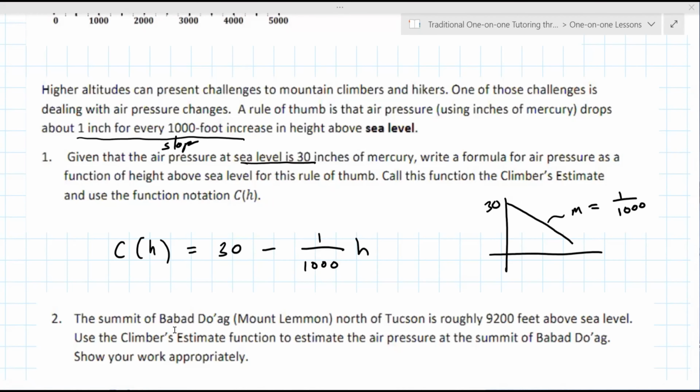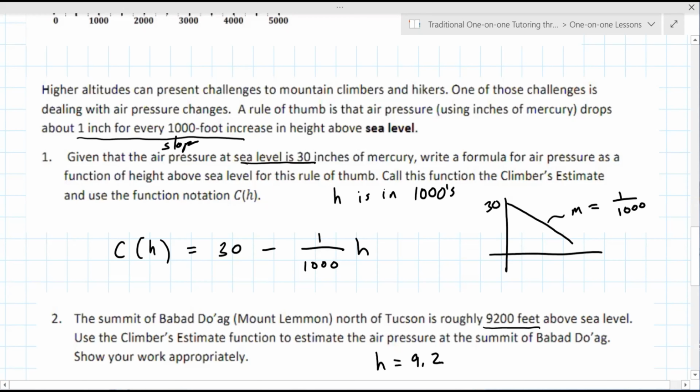The summit of Mount Lemmon north of Tucson is roughly 9,200 feet above sea level. The thing that isn't maybe clear here is that H is in thousands of feet. So when it says 9,200 feet, that's an H of 9.2.